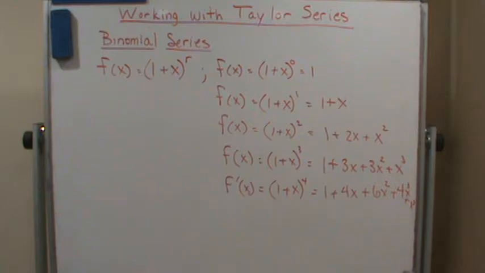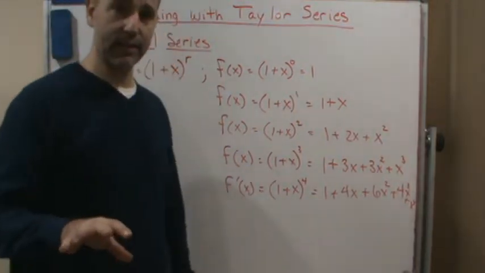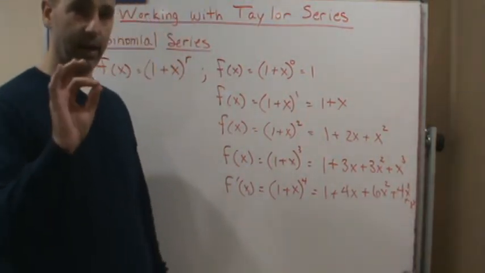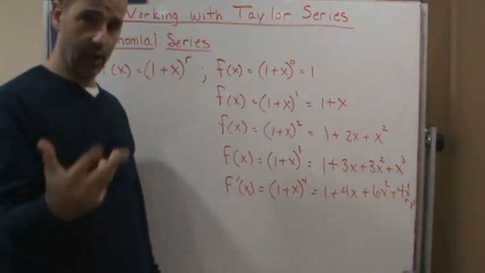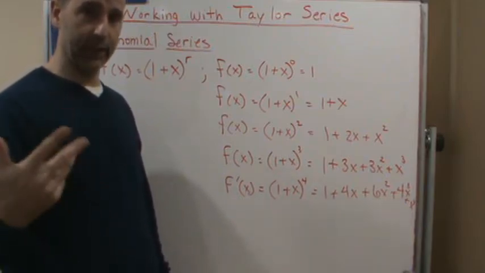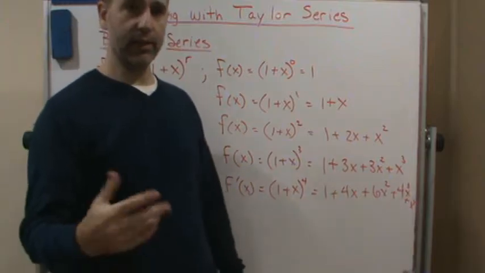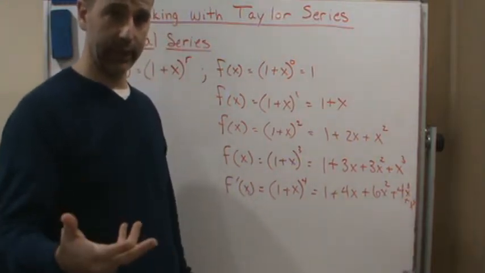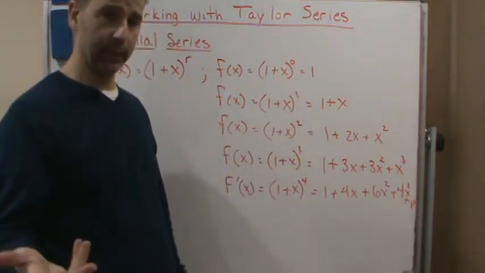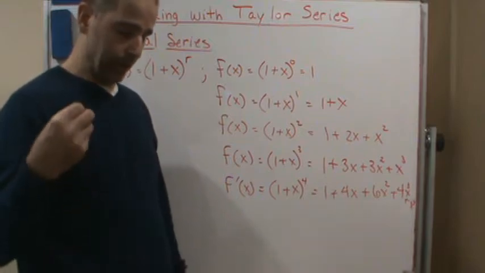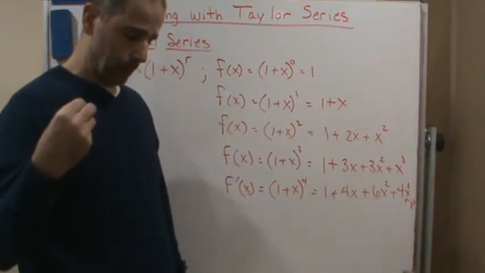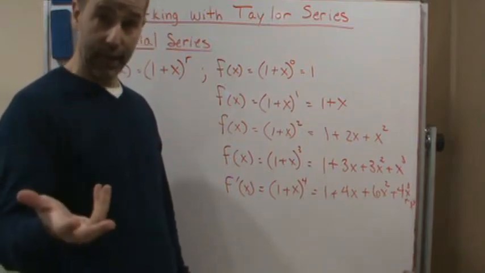Now, if you've taken a class in statistics where you study probability, usually in a beginning statistics class, there's a section or chapter on probability, and one of the things you talk about there are combinations.